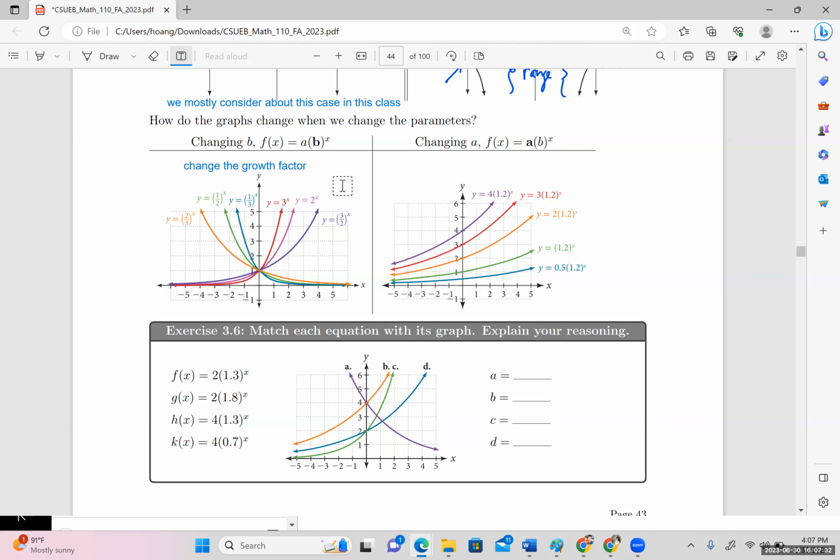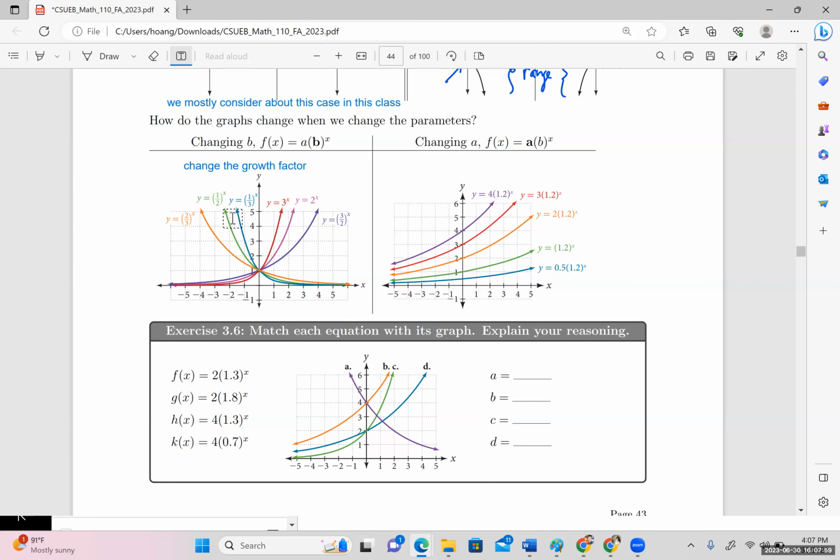You can see, for example, in here you have some decays, 3 decays here, right? So if you have 2/3 compared with 1/2 and compared with 1/3.